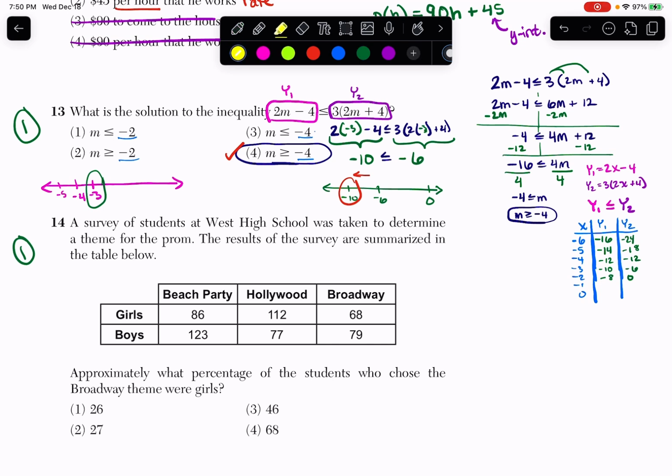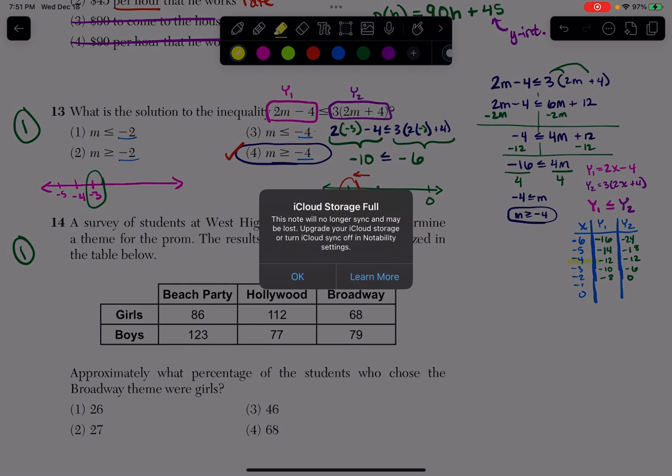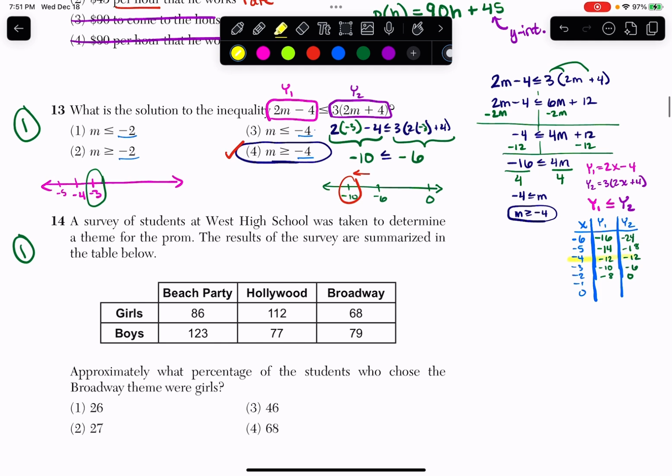So again, what we are looking for, we want y1 to be less than y2. y1 is equal to y2 here, and then y1 is less than y2 above that.